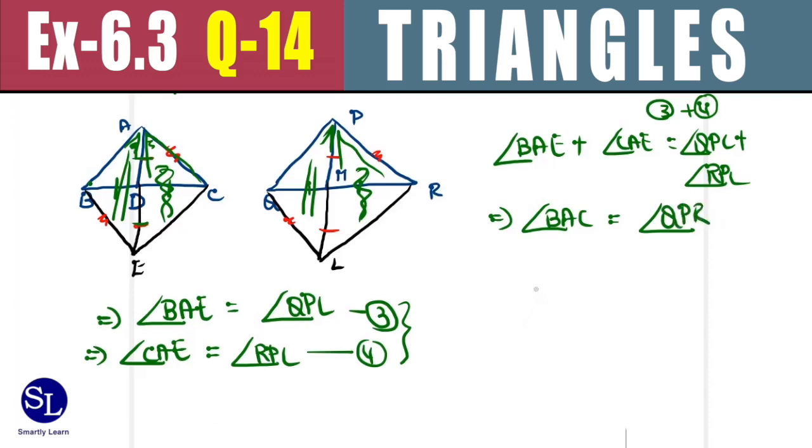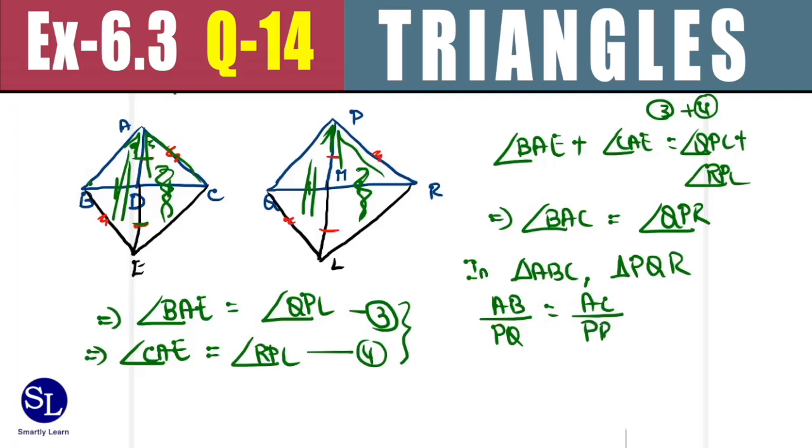Now let's take the two triangles. In triangle ABC and triangle PQR, what is actually known for us? AB by PQ is equal to AC by PR. This part alone was actually given to us, so we are taking that. And just now we proved this.